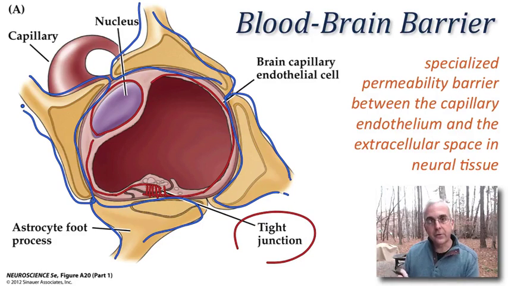So, certain drugs, for example, might be engineered in a way to circumvent this barrier, because otherwise passage of such compounds would not be facilitated by the presence of this blood-brain barrier.